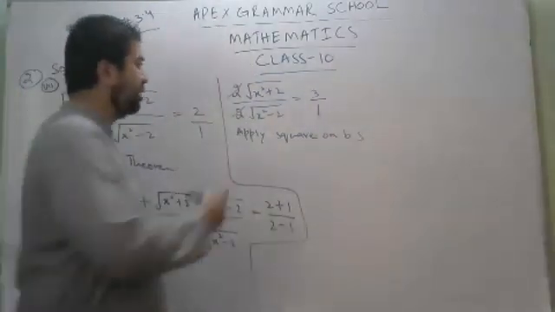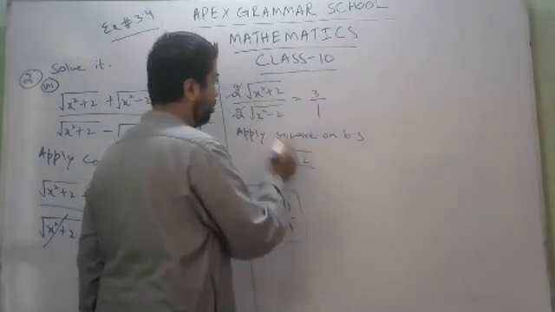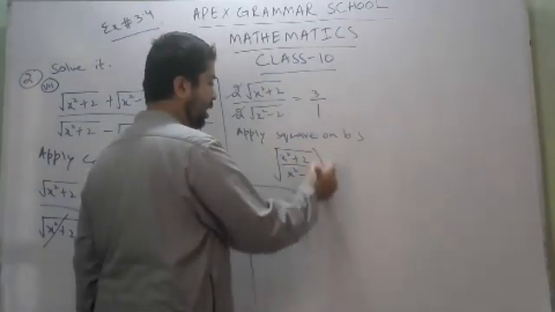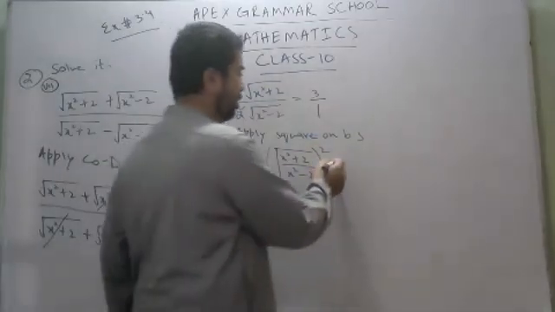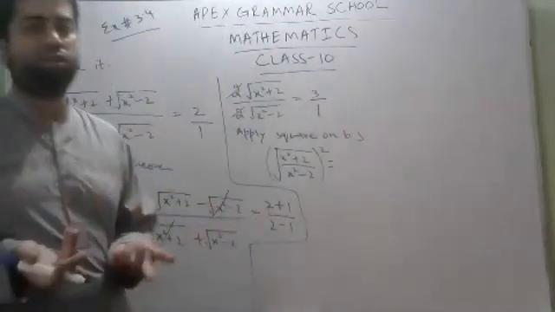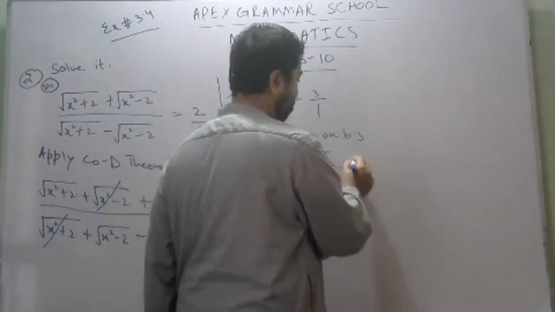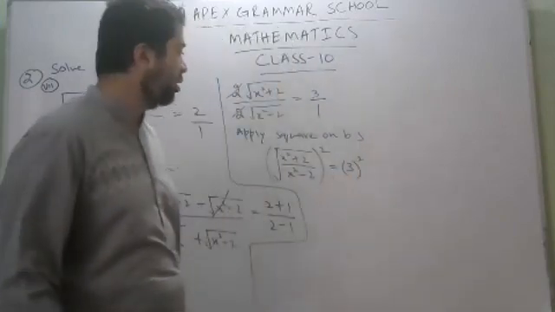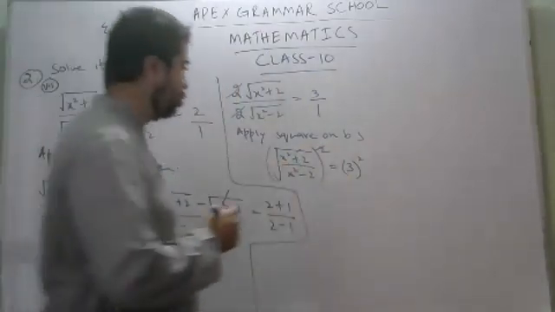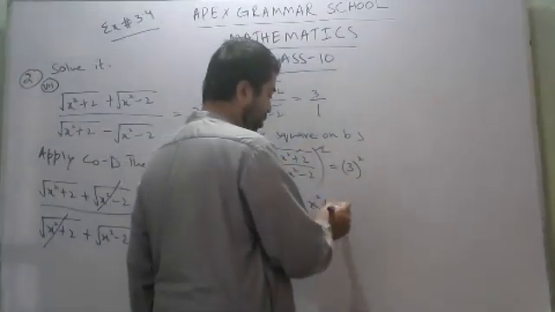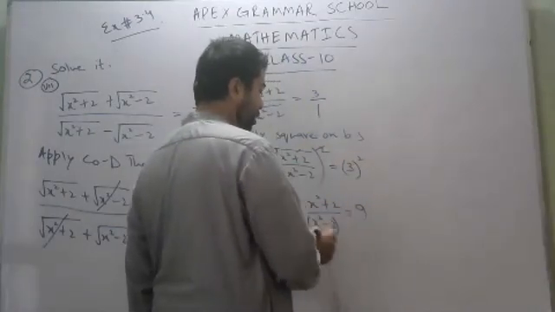We can write it as within one square root, apply square on it, is equal to 3 divided by 1, so 3, and square on it. This square cancels this square root. So you are left with only x square plus 2 over x square minus 2 is equal to 9.